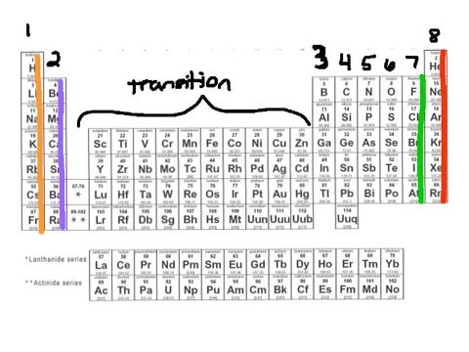Now remember, we're going to be spending our time in the first 3 periods. Periods are the horizontal rows. If I use yellow to indicate a period, this here, lithium, beryllium, and all the way through over here would be a period. It's period number 2 because it's the second one down.